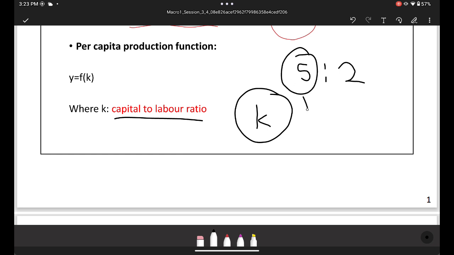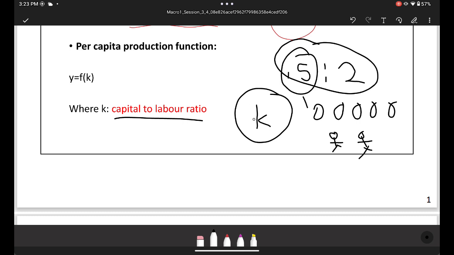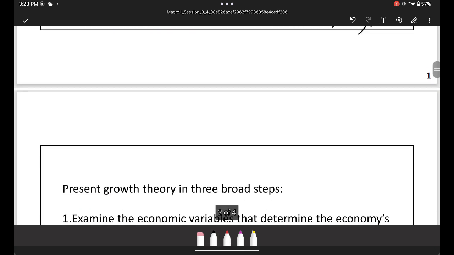That means you have 5 machines, 1, 2, 3, 4, 5, and you have 2 people. Obviously, a higher capital labor ratio, which is k, is good. That means there are more machines per person, everyone is working those machines, and the economy is growing. So small k, wherever you see it, is also known as the capital labor ratio. Just know the higher the small k is, the better. It's just way better.